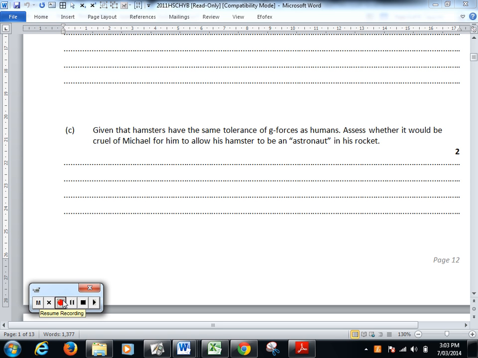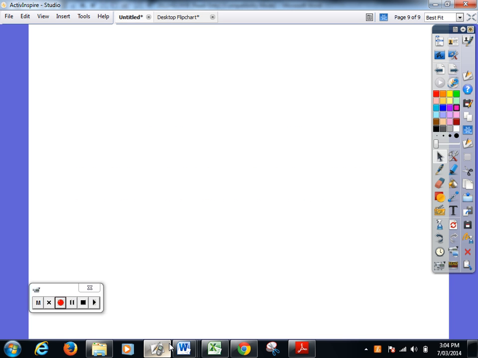Finally, the last question here for 2 marks is asking about the effect of the G-force on a rocket. So hamsters have the same tolerance of G-force as humans, and we have to assess whether it would be cruel of Michael to allow his hamster to be an astronaut in his rocket. So let's remind ourselves what are some of the things that we need to consider in this question.